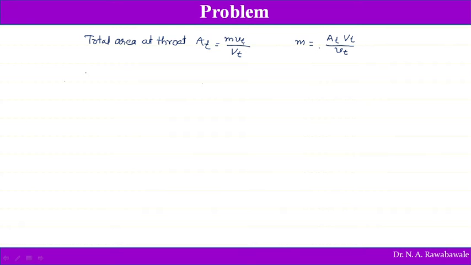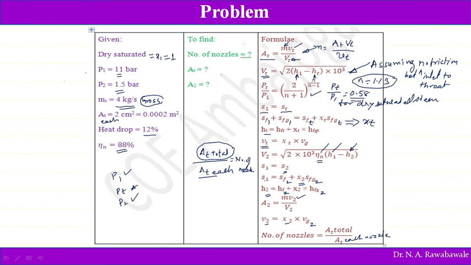So m into small vt divided by capital Vt gives us total area at throat. Mass flow rate of steam is given in the problem as 4 kg per second.